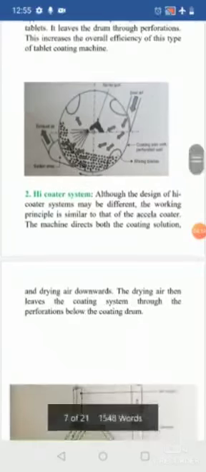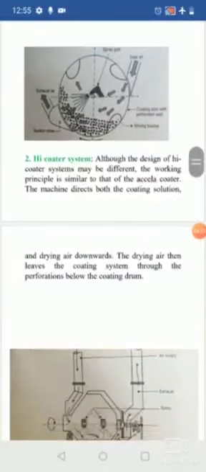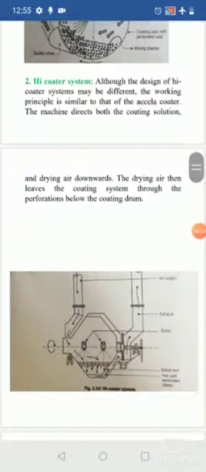Coming to the second one, the Hi-Coater, you can see that its construction is different from the other coaters, because it contains a drum which is fitted on both of the sides. In the other coaters it is fitted on just one side at the bottom.